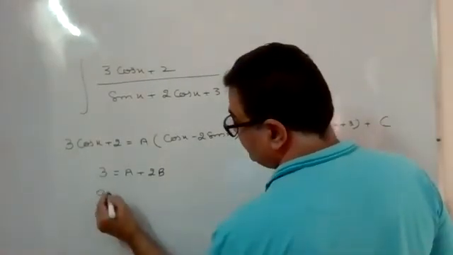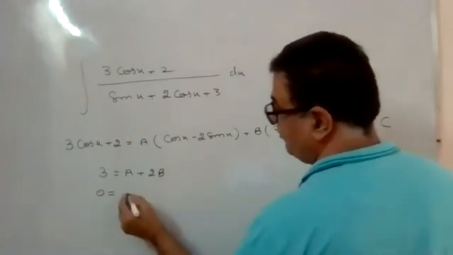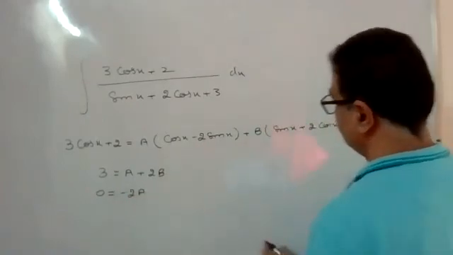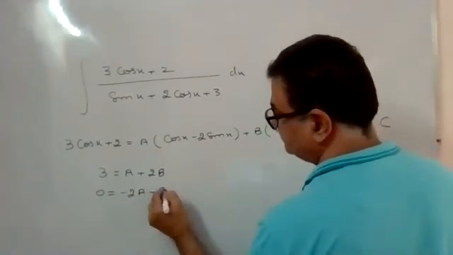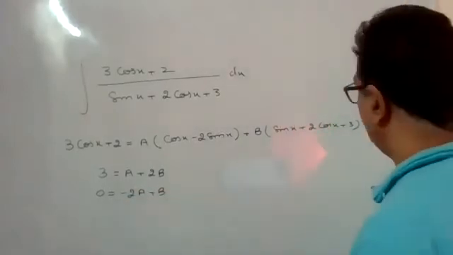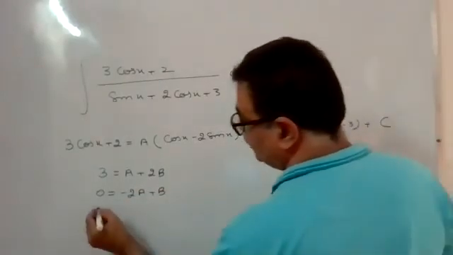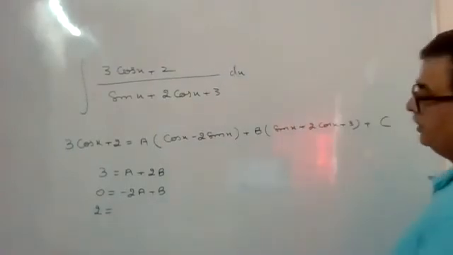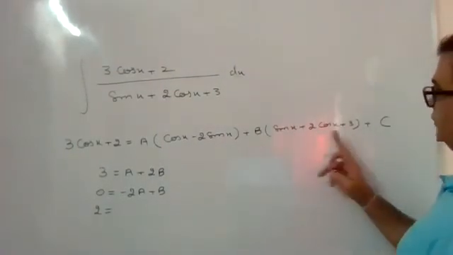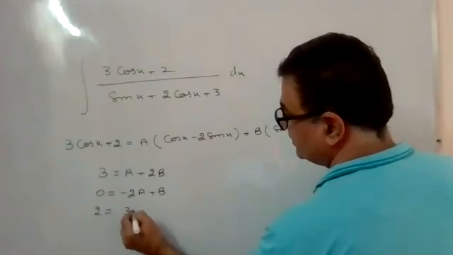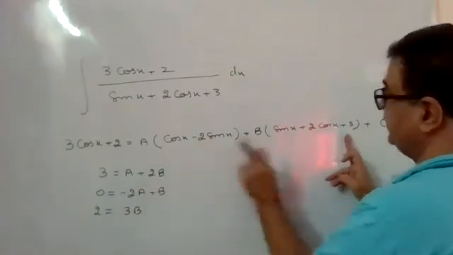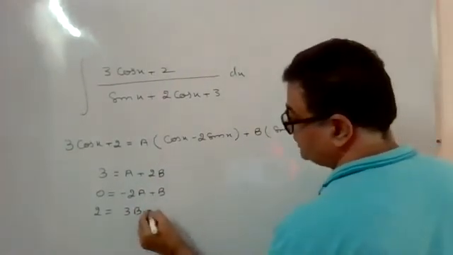Sin का comparison तो इधर 0 आ गया. ये हुआ minus 2a plus b. And the third result आ गया 2 equal to thrice of b. क्योंकि इसमें कोई कांस्टेंट नहीं है, यहाँ है thrice of b plus c.